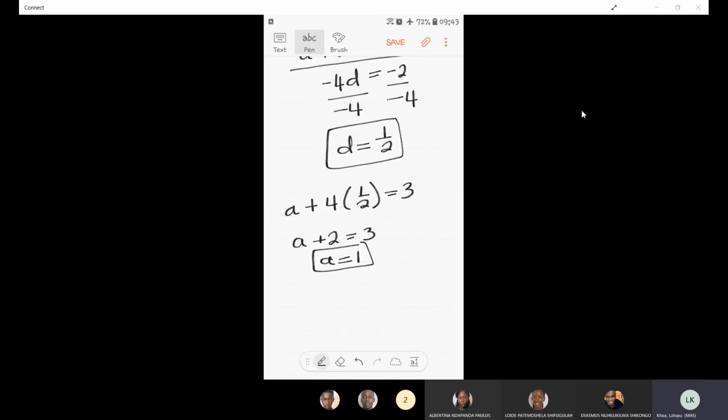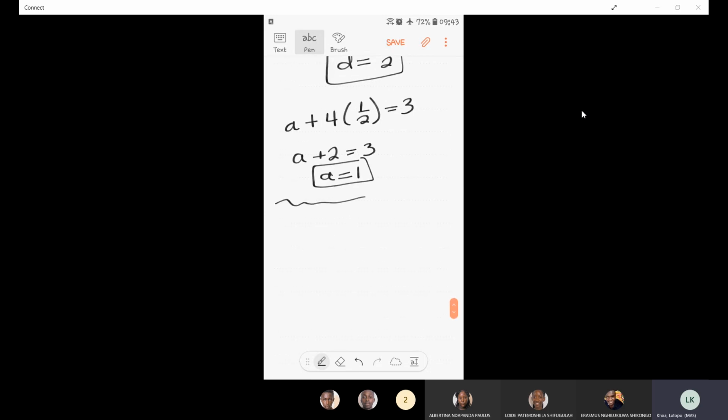And look at number 6. With number 6, you're given this arithmetic progression. It's 1, 3, 5, 7, 9, and then it continues until we get to 61.